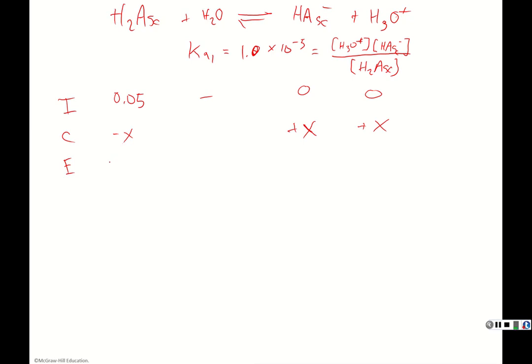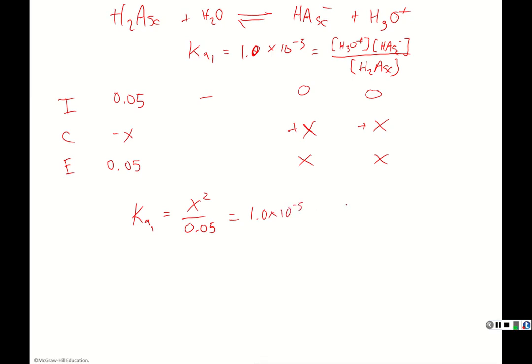So at equilibrium, we can just assume this is basically what we started with, and these will both be x. So we plug those into our expression for Ka. Ka1 equals x squared over 0.05, and that equals 1.0 times 10 to the minus 5.